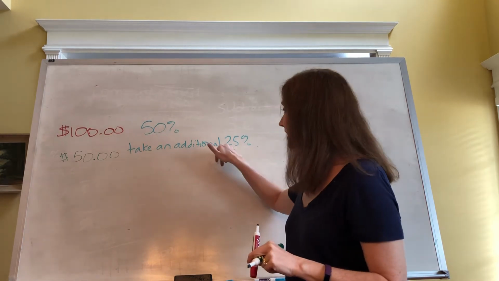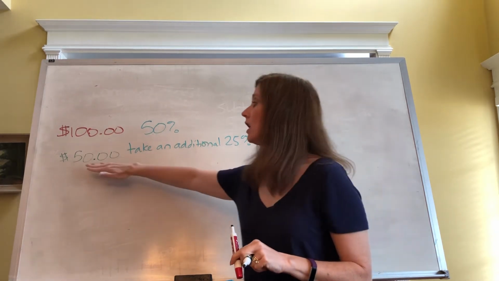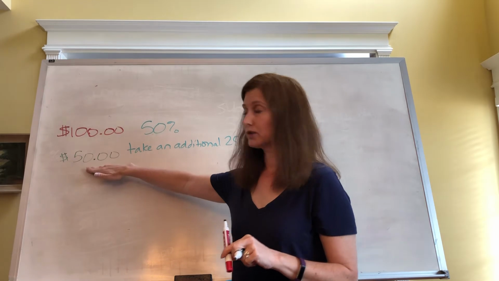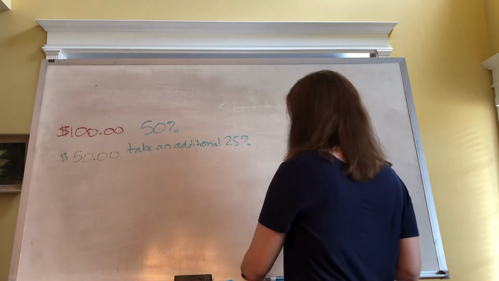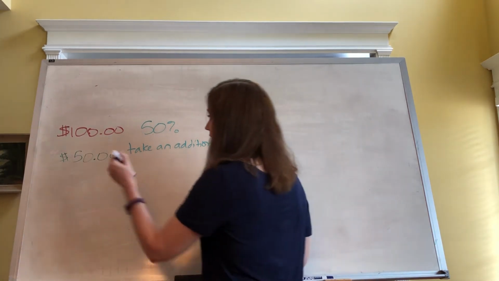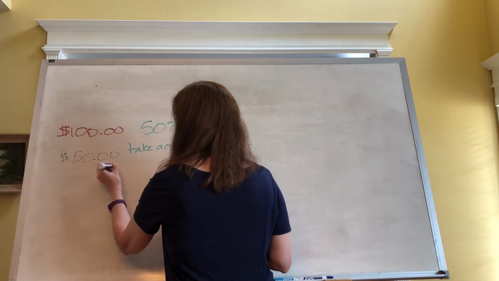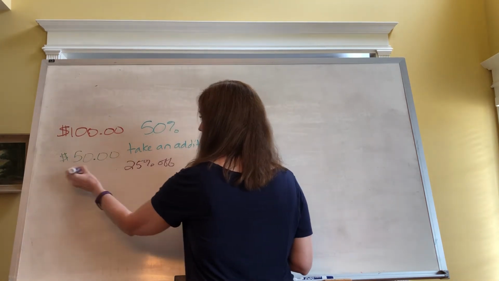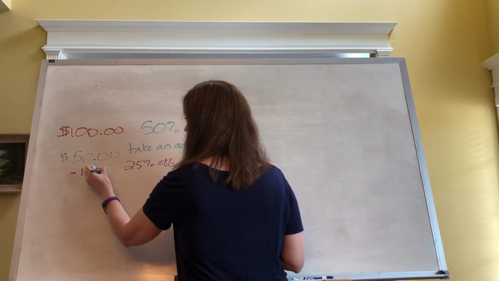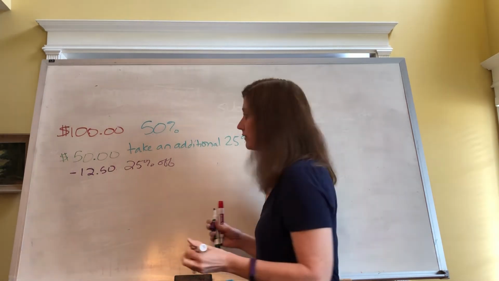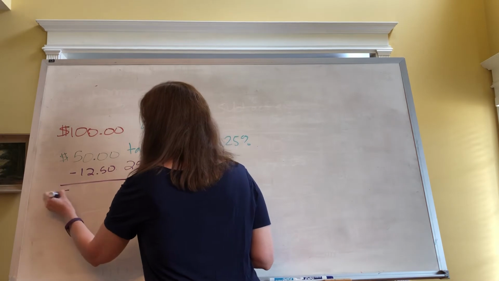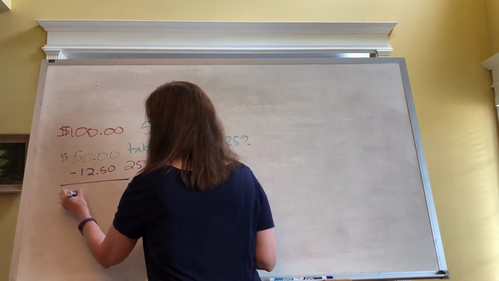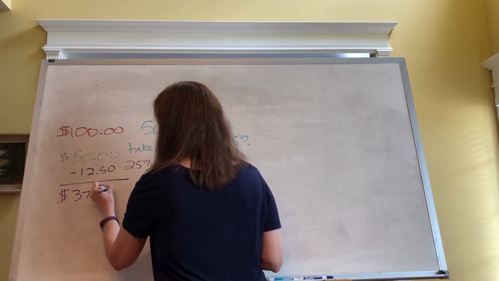We have to take 25% off of the new amount, the $50. And so 25% off of 50 is $12.50 that comes off of there, and then the final sale price is $37.50.